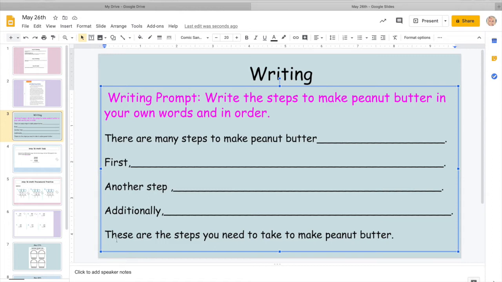And then our conclusion I've given to you, it's just kind of restating your topic sentence using different words, where you're going to say these are the steps you need to take to make peanut butter. So that, again, follow that outline, fill it in, write it on that lined paper, and you're going to have a really good paragraph about the steps to make peanut butter.